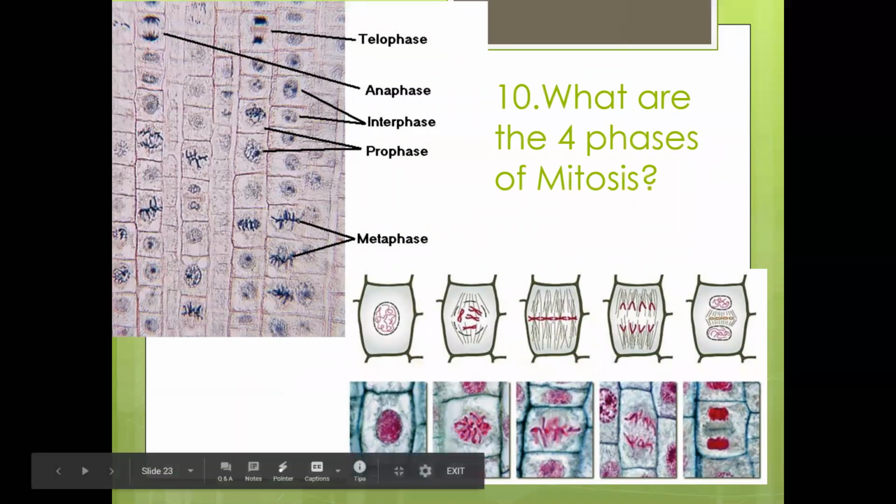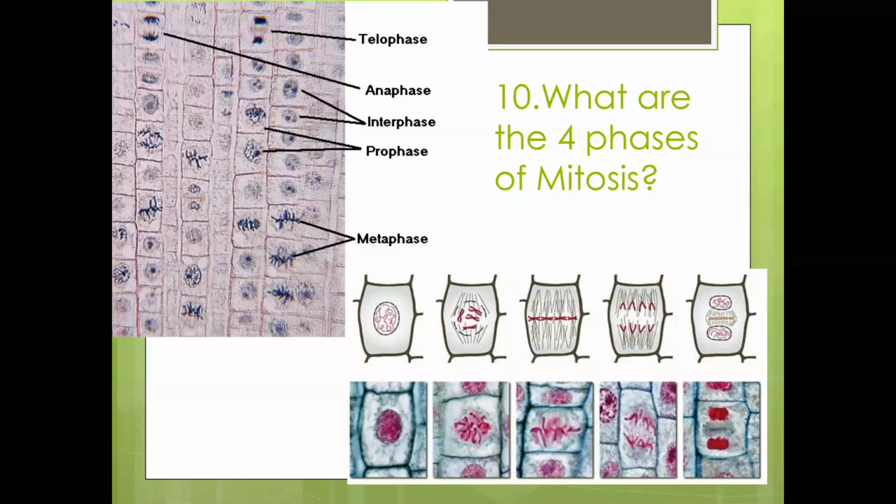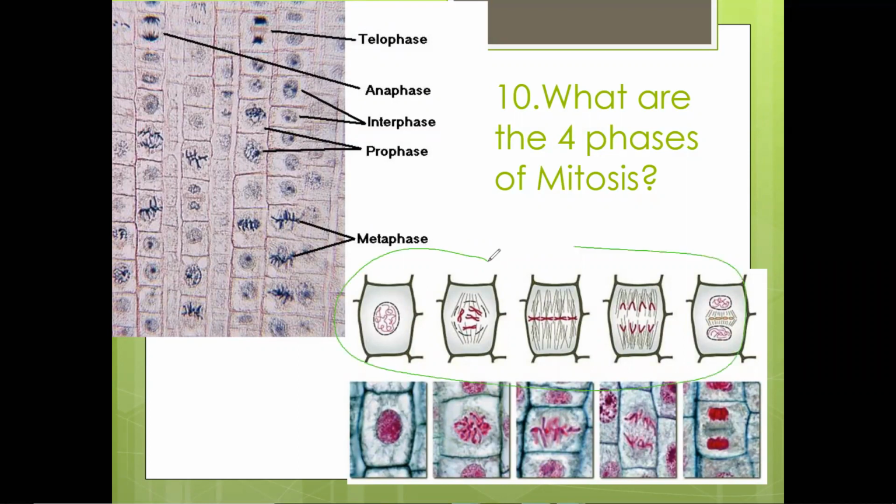Here is a very nice doodle for you to kind of show you the phases. Right here, this is actually interphase. This is the normal cell phase. You see that the DNA is all uncondensed in the middle here.